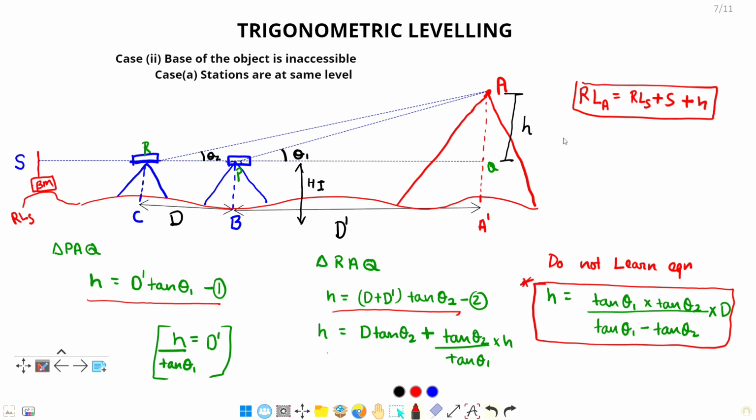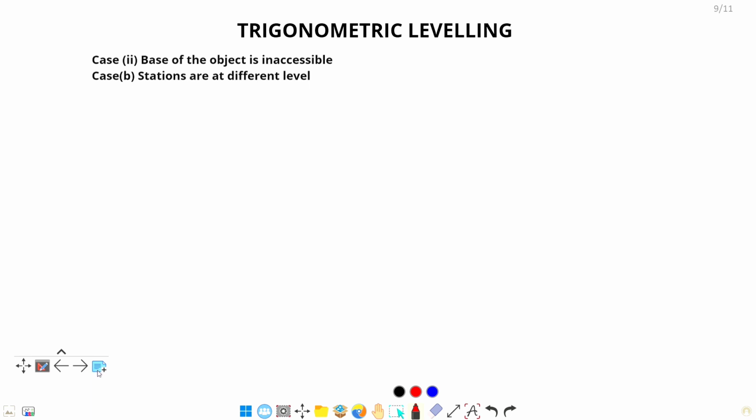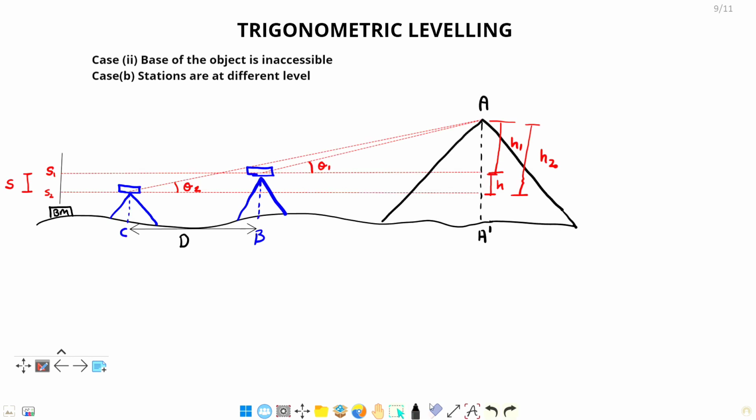Now the last case is that both the stations will be at different levels. Let's draw the figure. So this is the third case and the last one, where both the stations are at different height, different level.